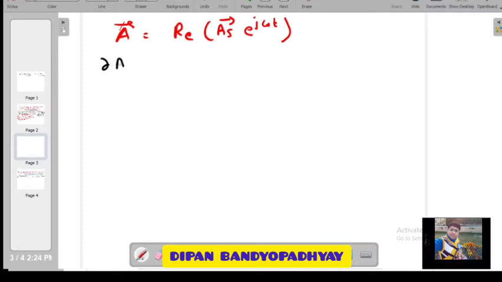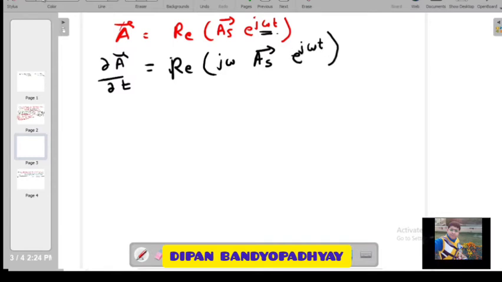Now if I want to calculate this one, del A del t, the time derivative of the field, the vector, what will you get? This j omega term we are differentiating with respect to time, so this j omega term will come out. First of all, you can write the real, and then we have the j omega term, and yes, it is not time dependent, so you can write it as it is, and e to the power j omega t will be.